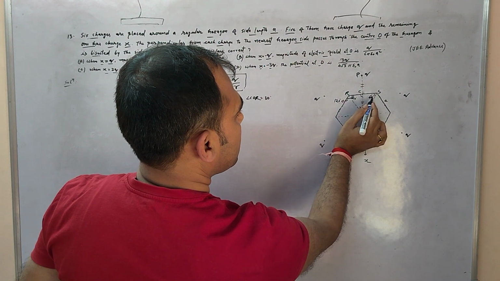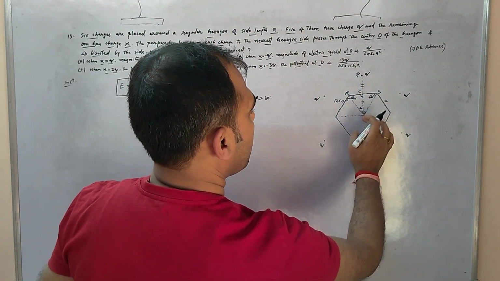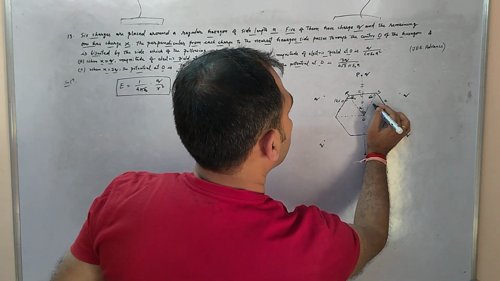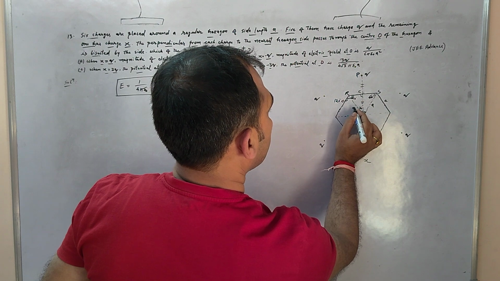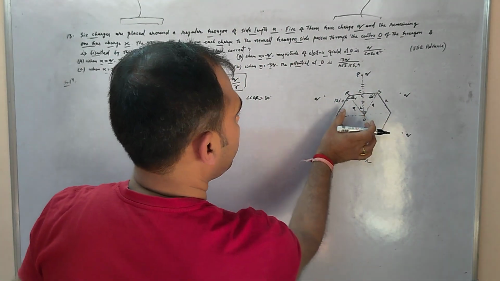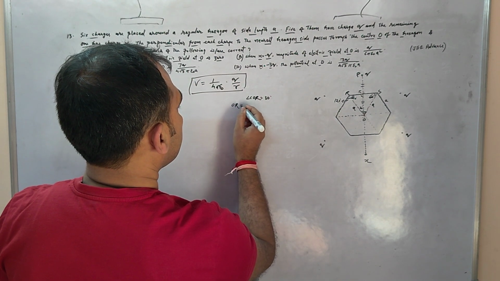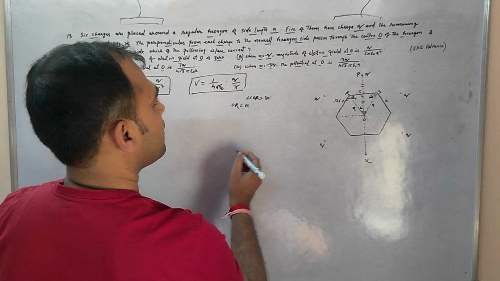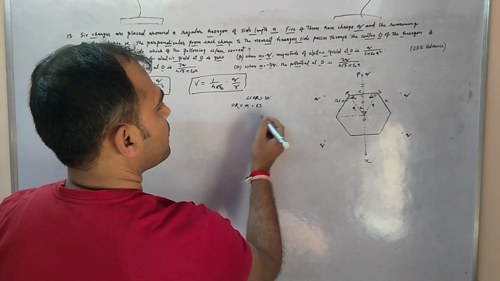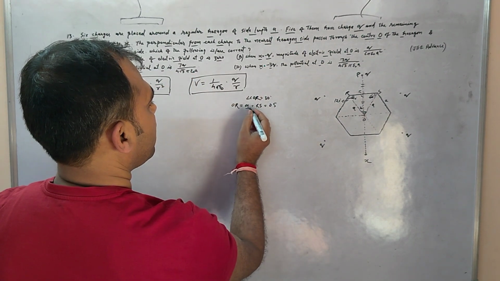If this is 60, this is 60, then this will also be 60, and this will become an equilateral triangle. So this will also be A, this will also be A, and RS will also be A. So from here we got OR is equal to RS is equal to OS, and OR will be equal to A.